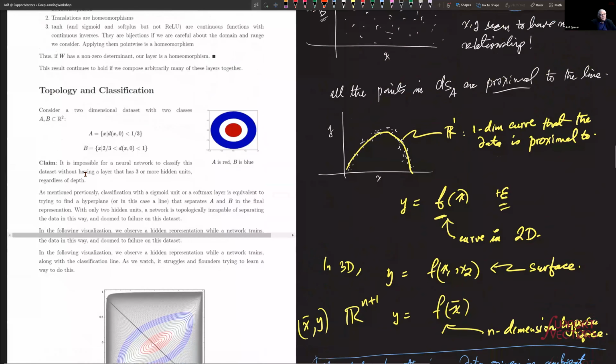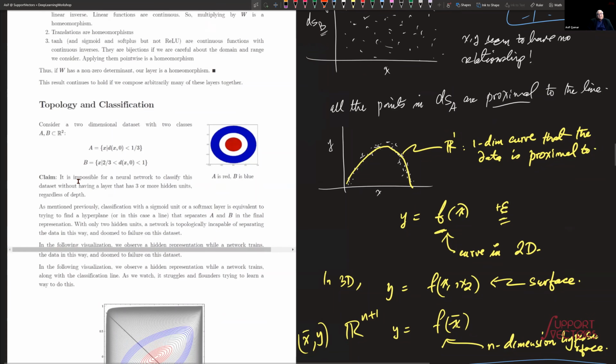Then comes a beautiful thought. Remember this was a point I was telling you about: you can sometimes look at the data and tell how many nodes you need in your neural network. So suppose you solve this problem. You have the red in the center and blue outside, right? Suppose you build a neural network with only two nodes, X1, X2, and what do they produce?